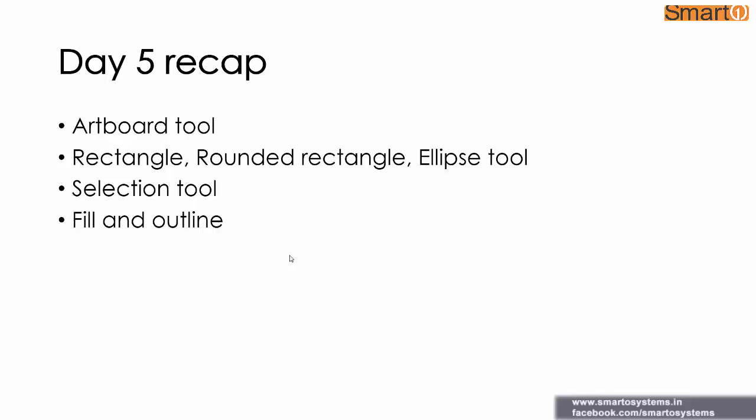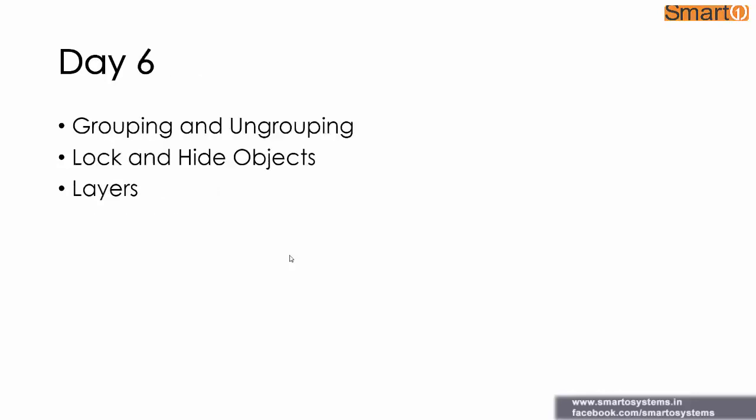I'm going to cover it today. That's what we are going to start with, and then we will see grouping and ungrouping objects, and then how we can lock objects and how we can hide objects. We are going to do a few experiments with these two techniques, and it will be fun.